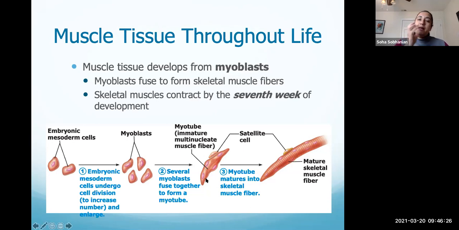Because each of the myoblasts had its own nucleus, and now they're all merging together, you form a structure which is multinucleated, as in it has multiple nuclei per cell, which is one of the characteristics of skeletal muscle. Eventually this myotube grows and develops into what we consider a mature skeletal muscle cell or muscle fiber.